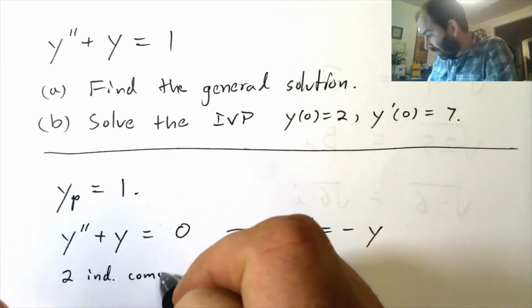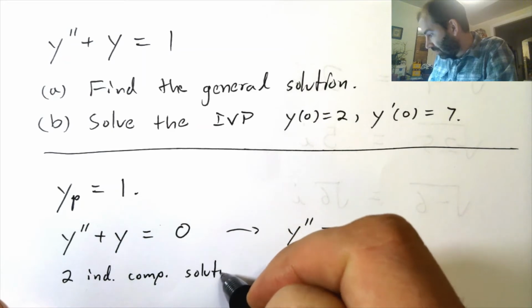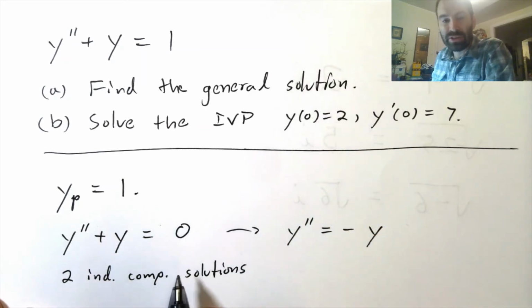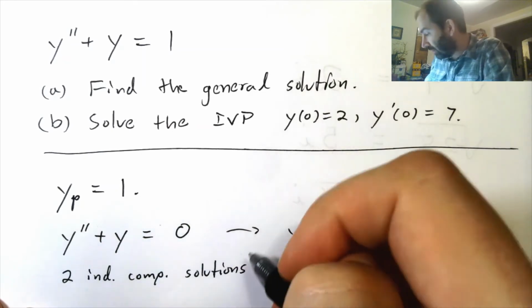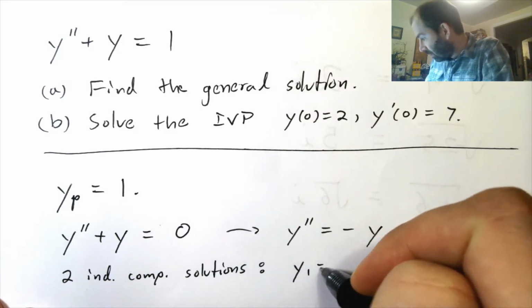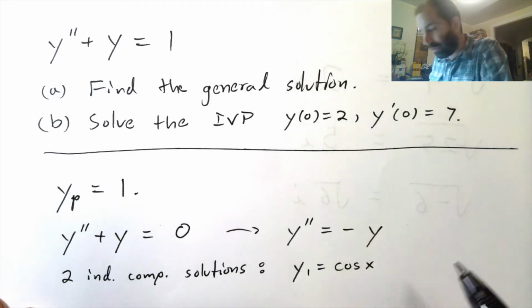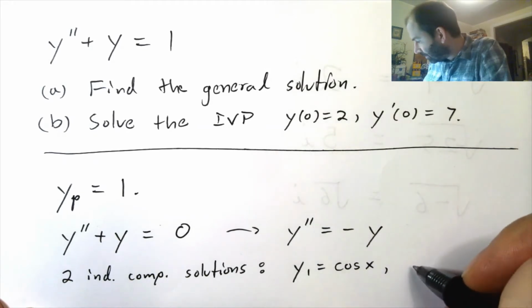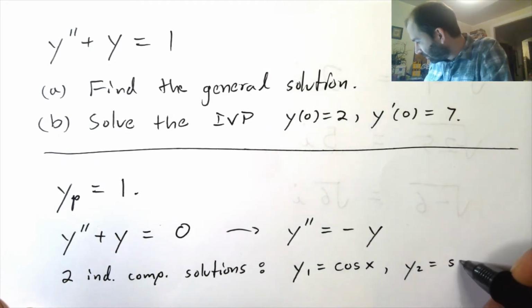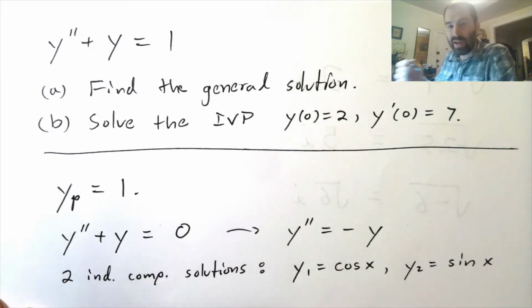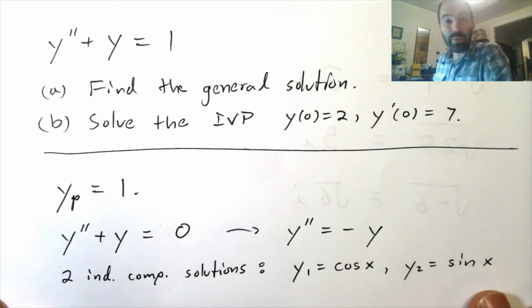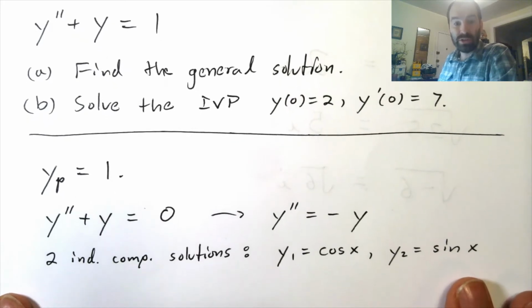Independent complementary solutions. And by complementary solutions, I mean solutions to the complementary equation. y1 equals cosine, I don't know what the variable is, let's say it's x. And y2 equals sine x. These two guys. Okay, so now we know how to write down our most general solution.